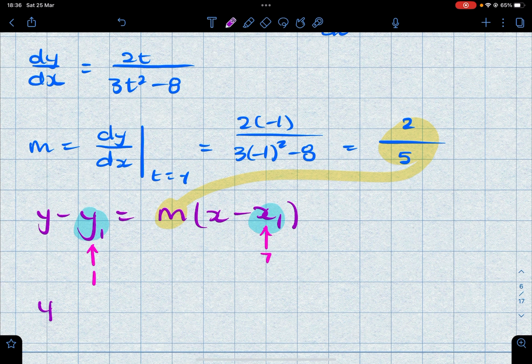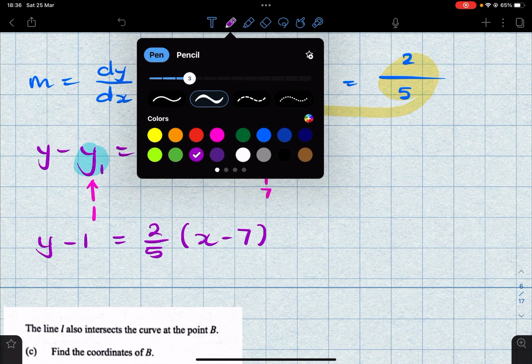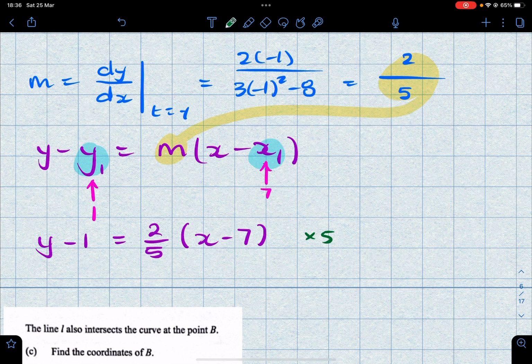So you've got y minus 1 equals 2/5 of x minus 7. And if you multiply both sides by 5, you've got 5y minus 5 equals 2x minus 14.